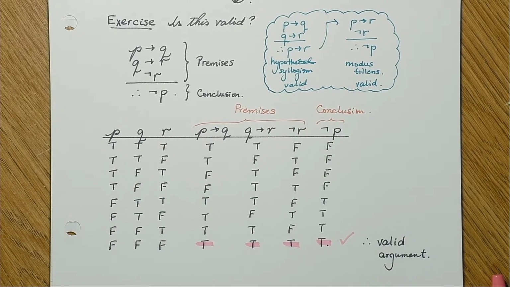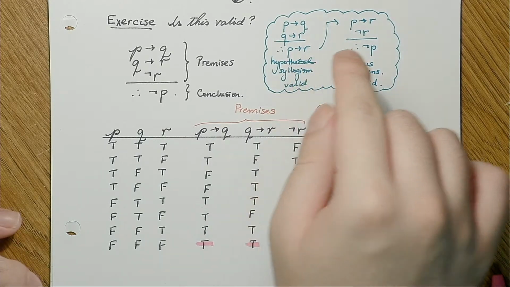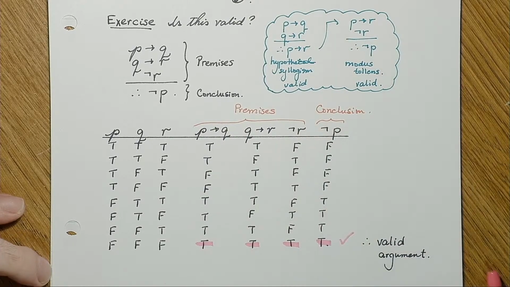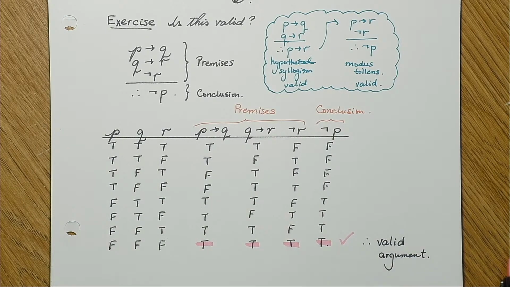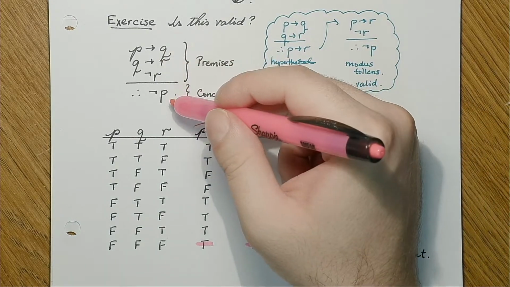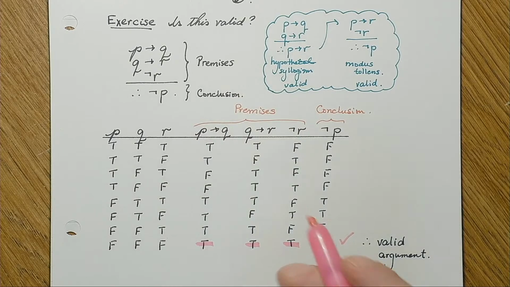So that's the reason why we have some of these formal ways of describing arguments. Because maybe you might not have time to quickly write out a truth table when you're sitting in a meeting, but you can quickly write out something like this, and you can already see that it's valid.